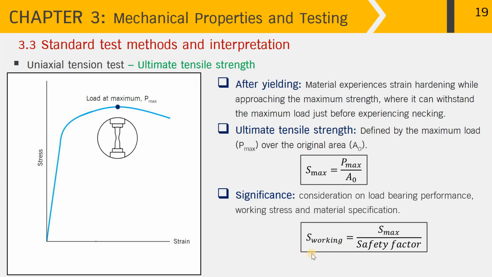So we have to apply the concept of working stress, which is the maximum tensile strength divided by some safety factor. If the safety factor is 2 in this case, we come out with a working stress of only 250 megapascals for this steel to be used in service. And that will make people safe based on this consideration.